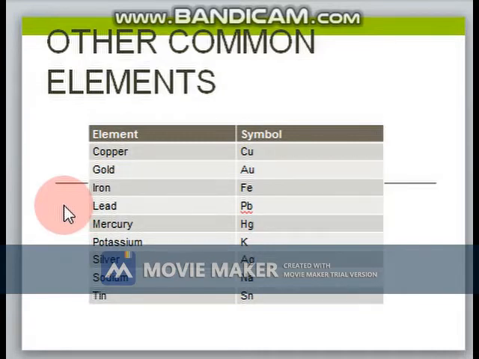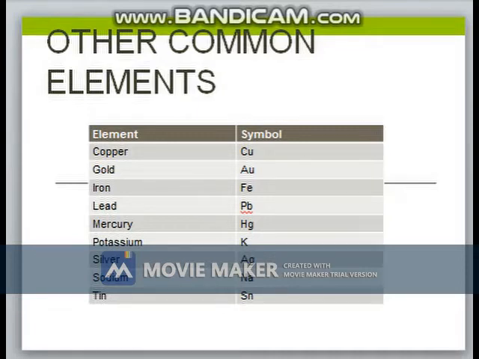So, elements like these ones: copper with the symbol Cu, gold Au, iron Fe, lead Pb, mercury Hg, potassium K, silver Ag, sodium Na, and then tin Sn. We should also learn them and memorize them because we'll be using them in our subsequent lessons.